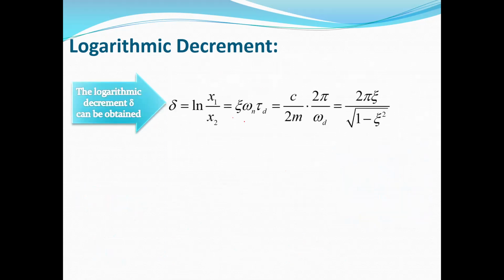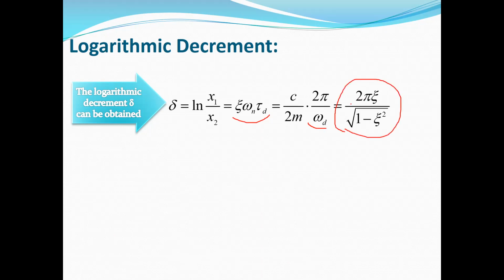So the ln of x1 to x2 is equal to psi omega n tau d. And as I told you, you can substitute for tau d, which is 2 pi divided by omega d, and omega d is equal to the natural frequency omega n times the square root of 1 minus psi squared. So you can simplify and extract this equation finally.